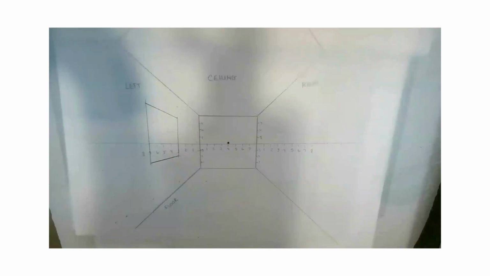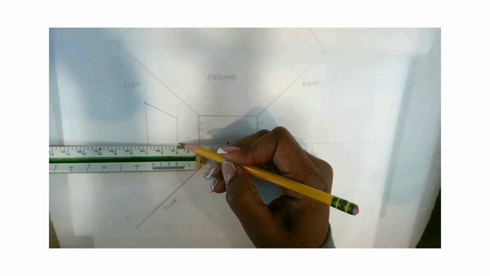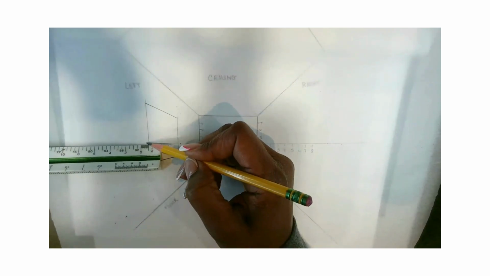When we want to add things like our trim, then we would do the same thing. We will use our scale and measure. If we want to have 3-inch scale trim, we can go and make our mark at 3 inches on both sides of the window.